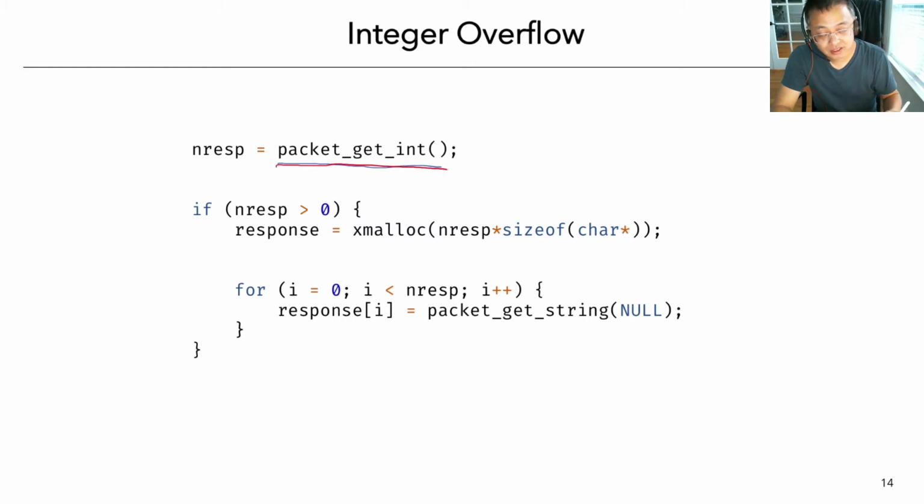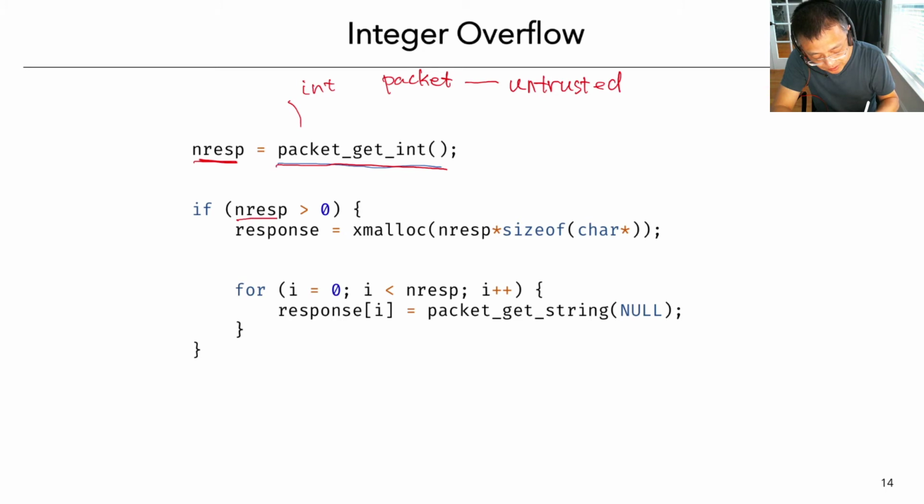So basically, you are taking an integer from the packet, from a network packet. The network packet is usually considered to be untrusted. So it means that the NISP in response is untrusted, right? So it can be any value.